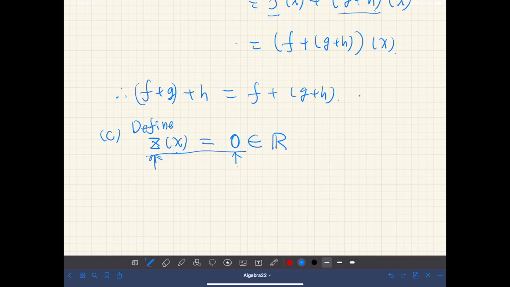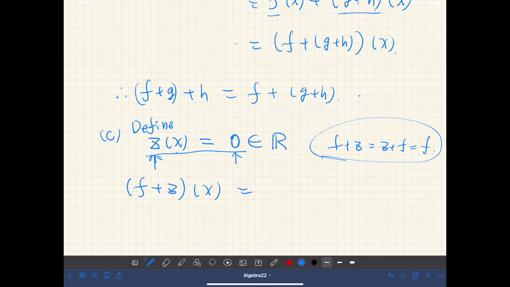Okay, so let's see. To check that behavior, so that means f plus z is equal to z plus f is equal to f, right? We need to check this equation. To check that, we apply this function f plus z to x. So by the definition of addition, we have f of x plus z of x.